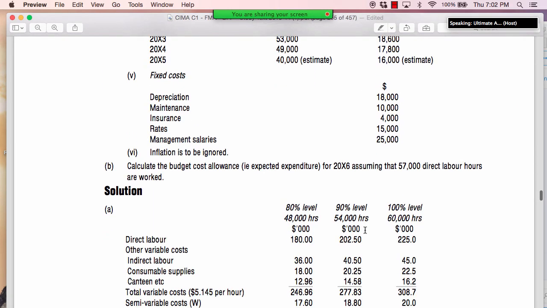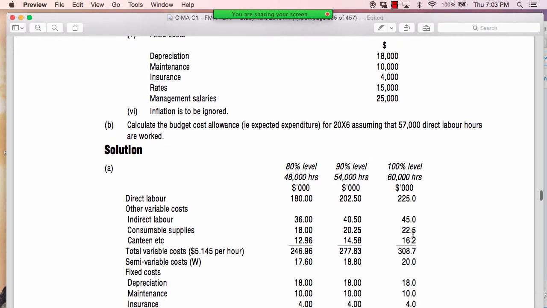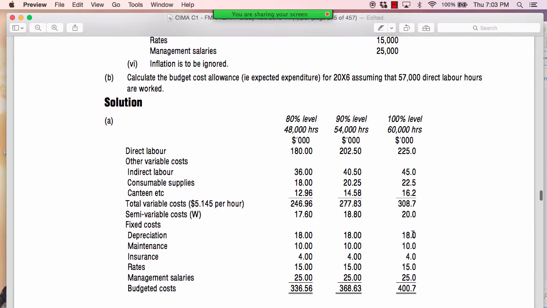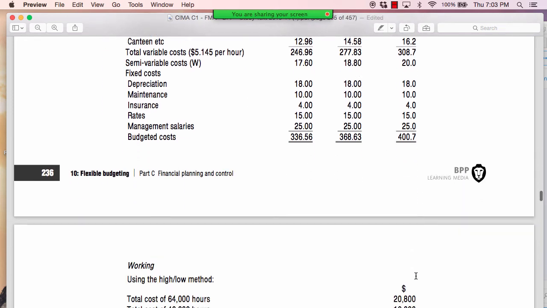So all you have to take is 0.75 multiplied by 48,000, 54,000 and 60,000 to arrive at these figures. Is that clear? Then you have the fixed costs component, and then you arrive at the budgeted costs for each.